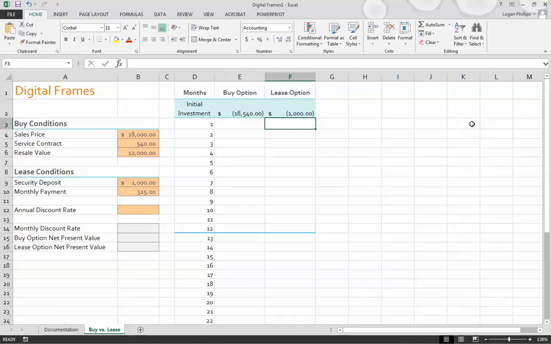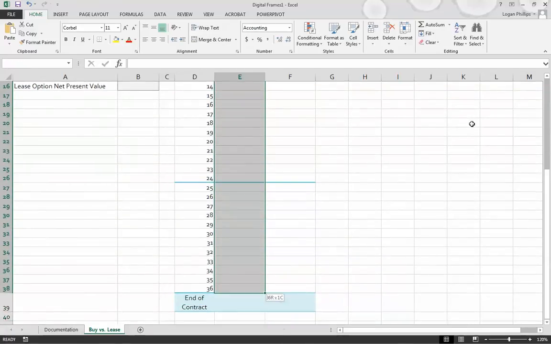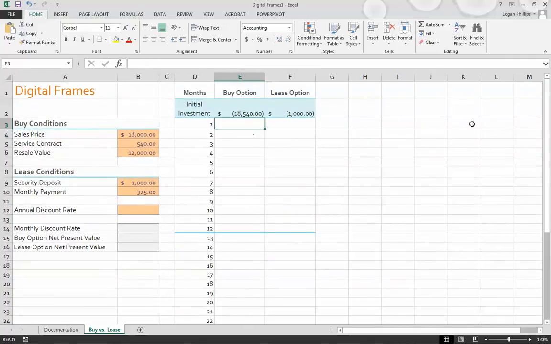In the range E3 through E38 for month 1 through month 36, enter 0 to indicate Linda will not make monthly payments once she has the computer equipment. So we want 0 on these.